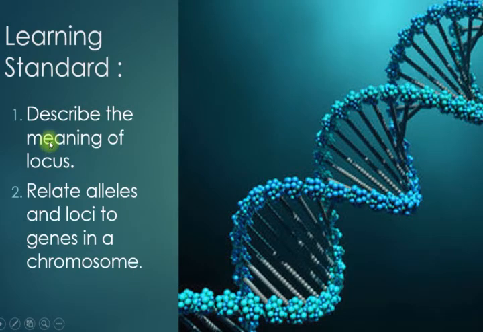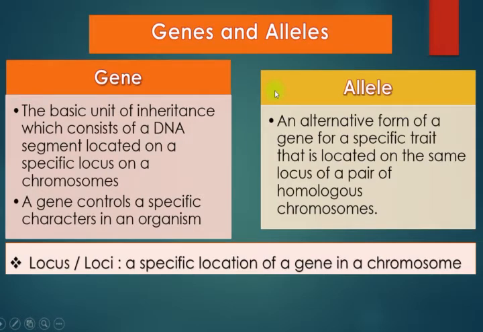We already discussed this in the introduction of monohybrid inheritance, but we are going to discuss a little bit more about the locus. And number 2, relate alleles and loci to genes in a chromosome.